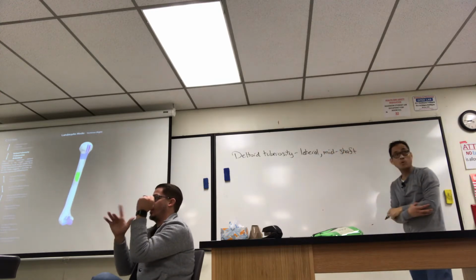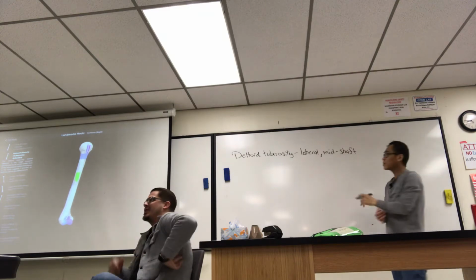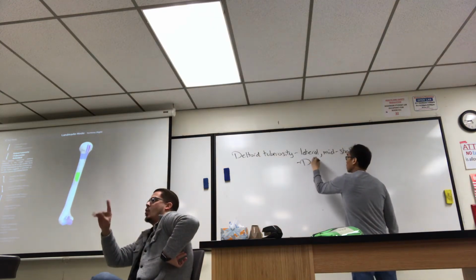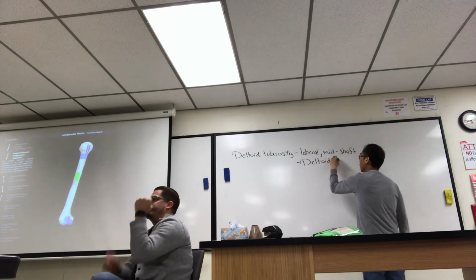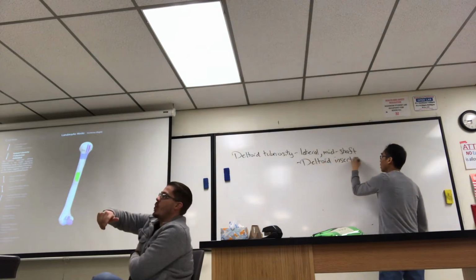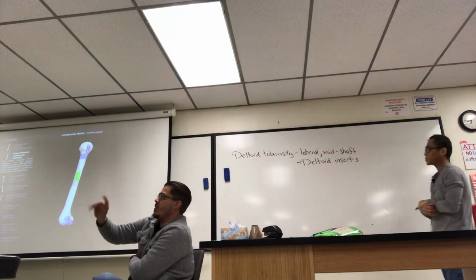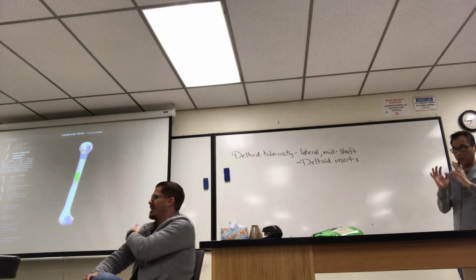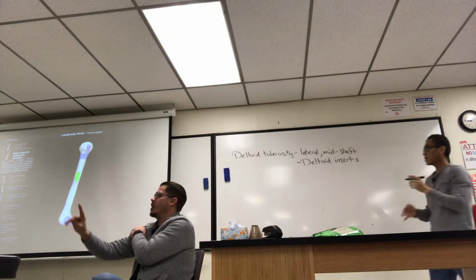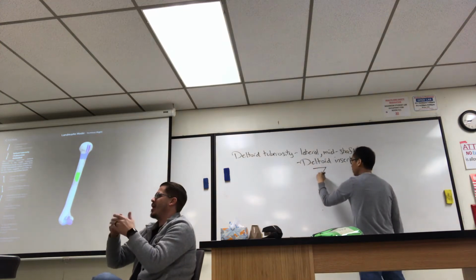Obviously, it's where the deltoid muscle inserts. The deltoid is your big shoulder cap muscle. It refers to the shape of the muscle, delta, the upside down triangle.